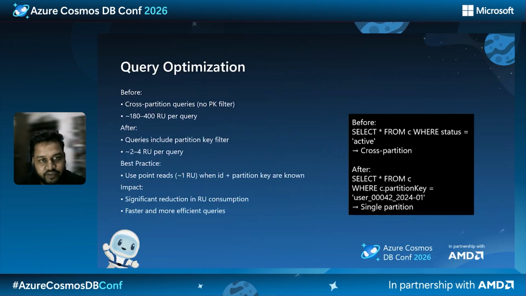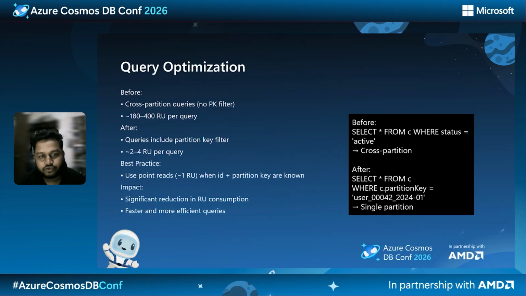Next, we optimized the query patterns. Earlier, queries were running across partitions because they didn't include the partition key. This resulted in very high RU consumption, in some cases between 180 to 400 RU per query. After optimization, we added a partition key filter to target specific partitions.